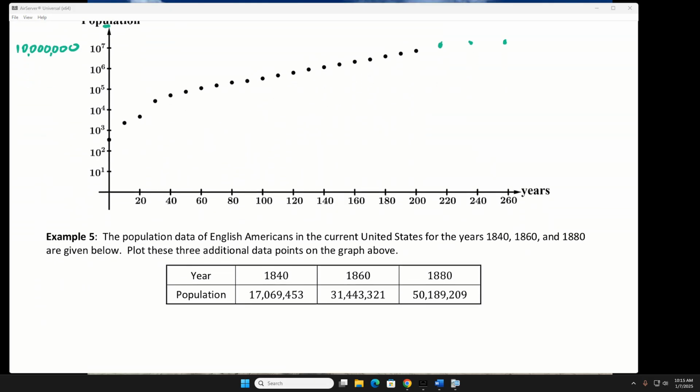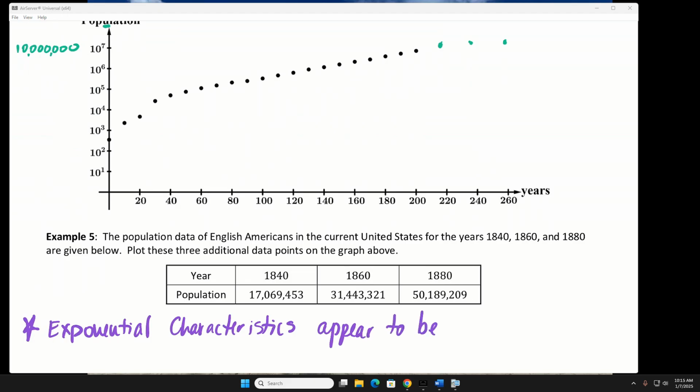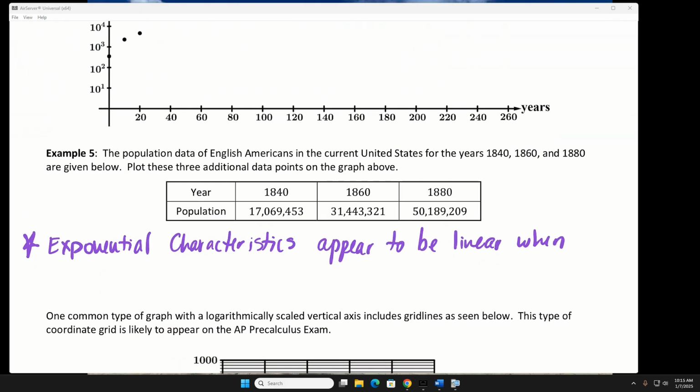But one thing that I want you to jot down, and again, we will come back to it, but in this space we have exponential characteristics that appear to be linear when the y-axis is logarithmically scaled.